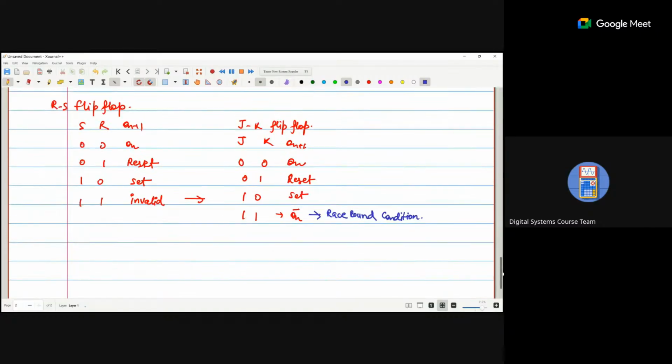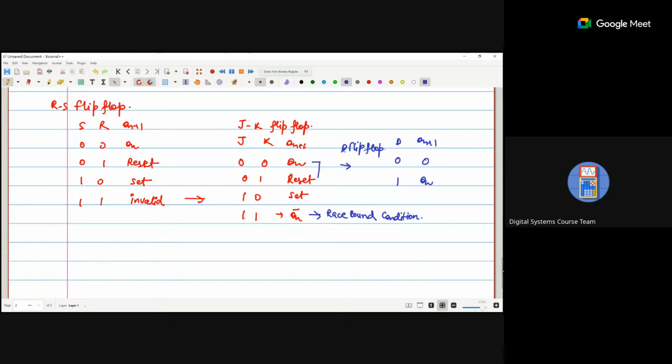Now, to avoid this condition, we go with the D flip flop. In the D flip flop, when D is 0, Qn plus 1 is 0, and when D is 1, Qn plus 1 is 1.